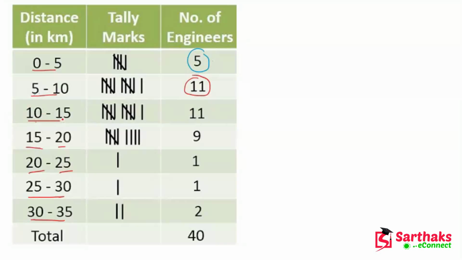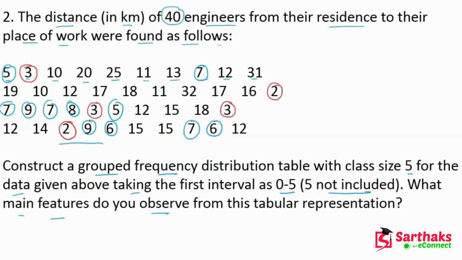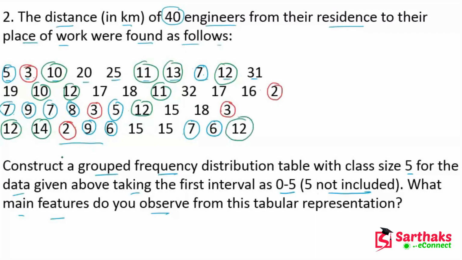Now let's see the distance in the range of 10 to 15. Here 10 is included, but 15 is not included. So here is 1, 2, 3, 4, 5, 6, 7, 8, 9, 10, and the last one is 11.